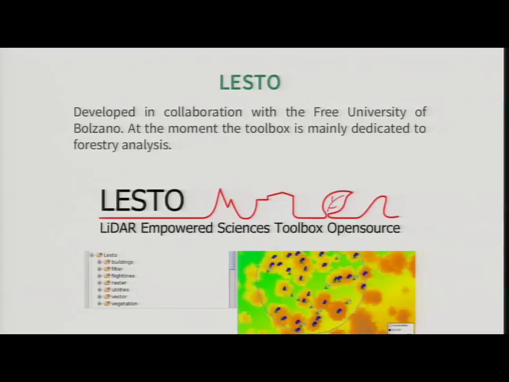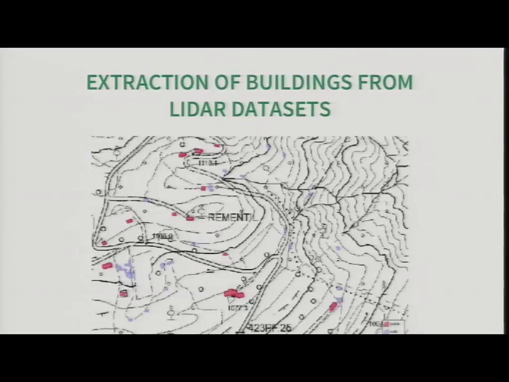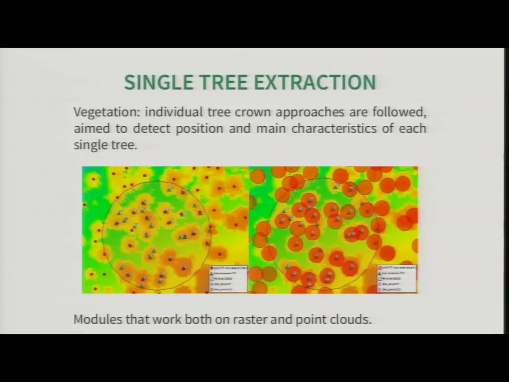In LASTER, we have some tools that work on LiDAR. Some, for example, do the first preparation of the data, which might be preparation of the DTM starting from LiDAR data, through adaptive TIN. We have a simple extraction of buildings from a LiDAR data set.